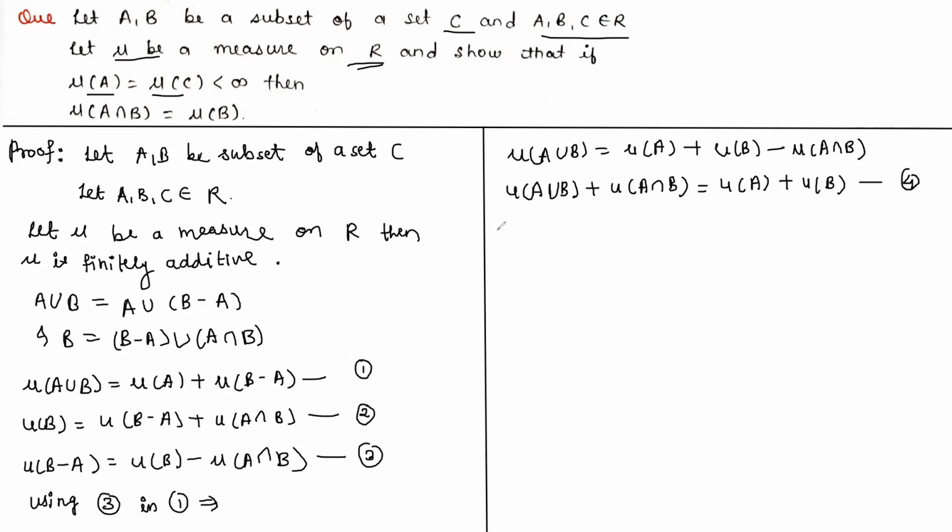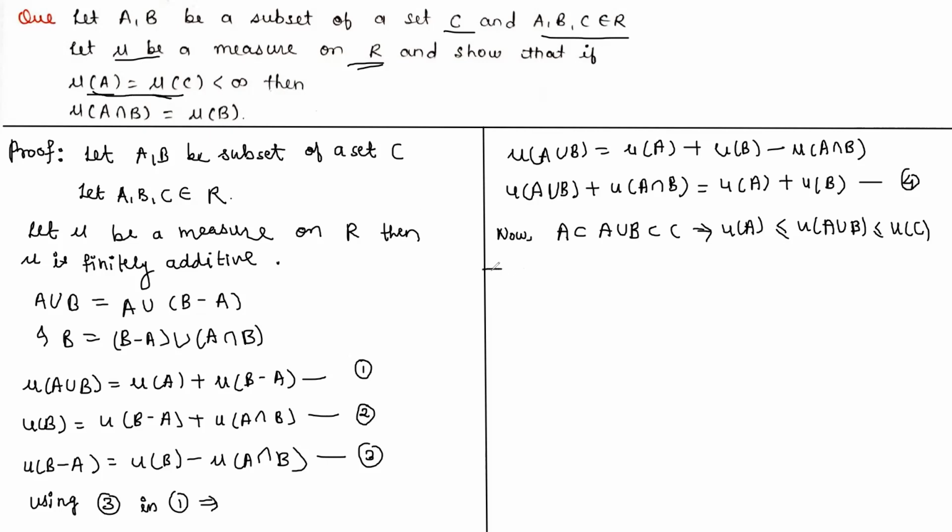Now since A is a subset of A union B and it is a subset of C, this implies that measure of A is less than or equal to measure of A union B, which is less than or equal to measure of C. But it is given that measure of A is equal to measure of C, which is less than infinity.